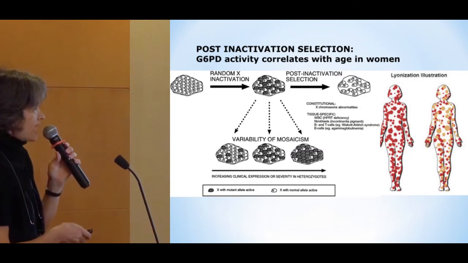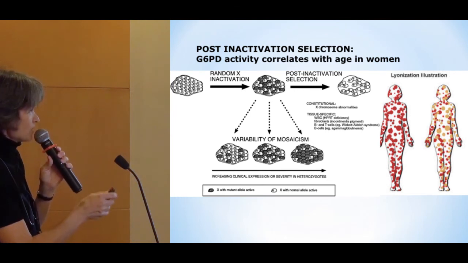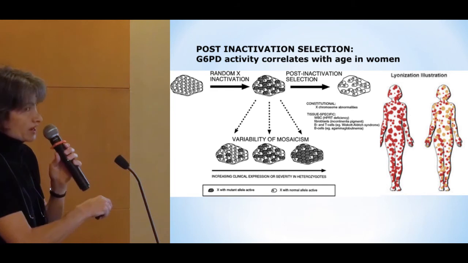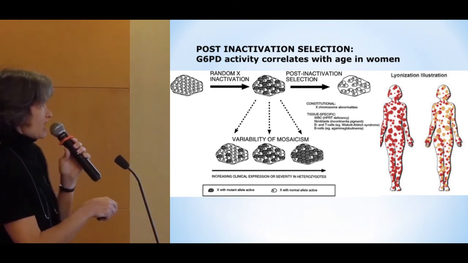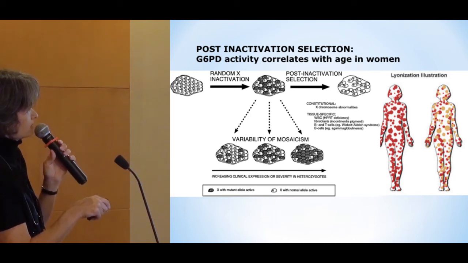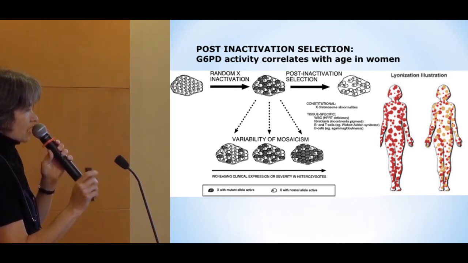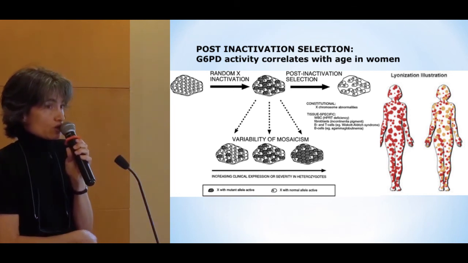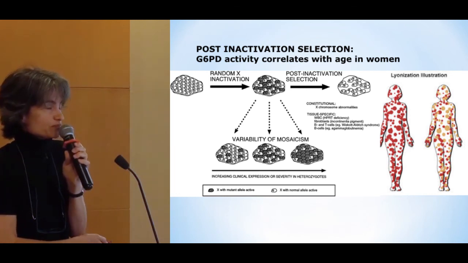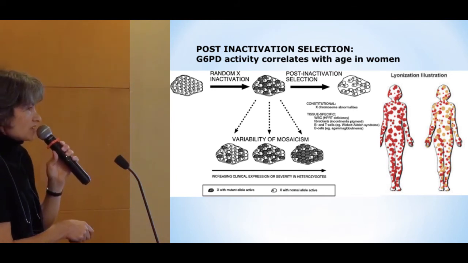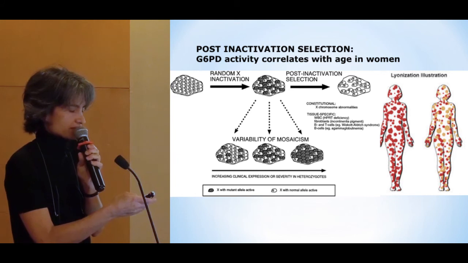But just before that, let me add a couple of pieces of information about embryonic development, and X inactivation. Okay, during embryonic development of a female subject, a random X inactivation occurs. What does that mean?